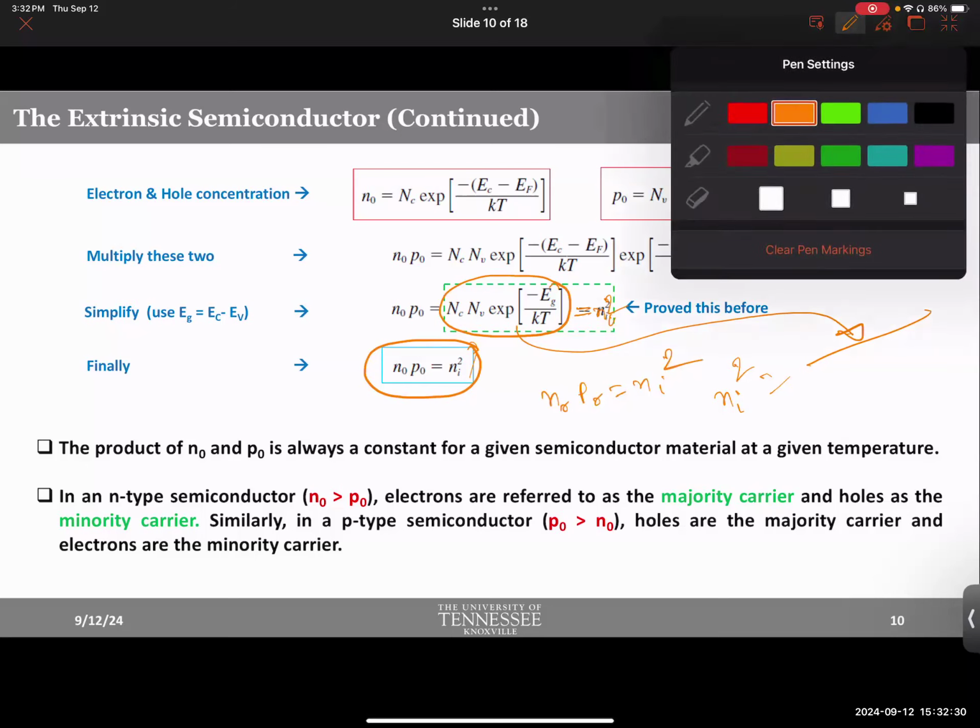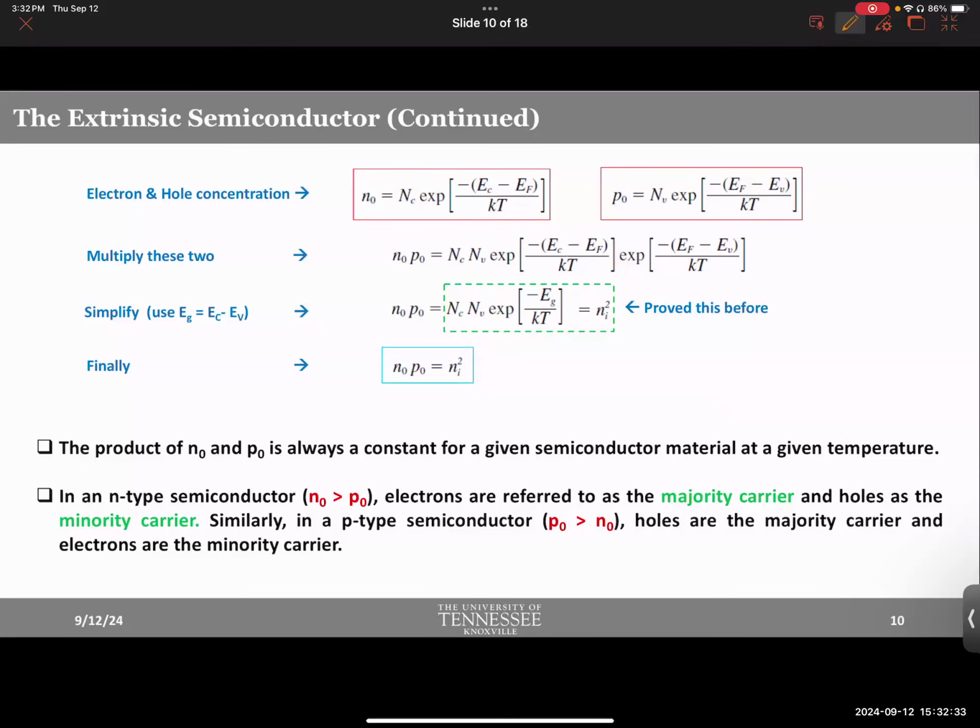Now, let me explain why it has a deeper meaning. Notice when you somehow increase your electron concentration, N0, if N0 goes up, the product of N0 and P0 will have to remain the same because their product will always equal Ni squared. And Ni squared is kind of constant for a material. It's a material property, coming from silicon or germanium or gallium arsenide.